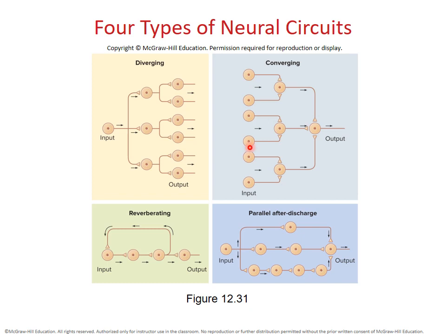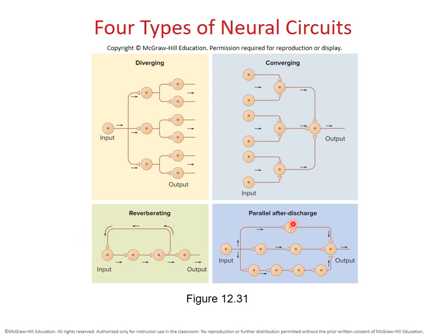And so here we see our four types of circuits. The diverging circuit, where a single input neuron spreads its signal out to multiple postsynaptic cells. The converging circuit, where you have multiple input neurons converging on a single postsynaptic target. The reverberating circuit, where you have a chain of synapses, and somewhere in that chain we get a branch that comes back and re-stimulates the early neuron to keep the cycle going.